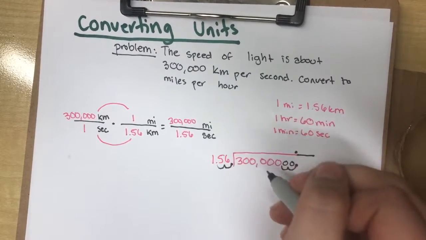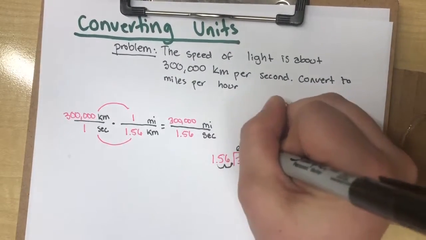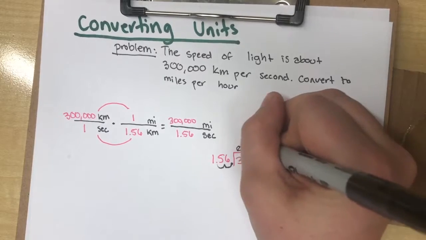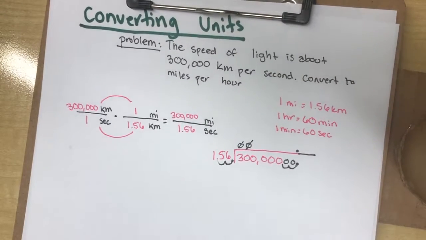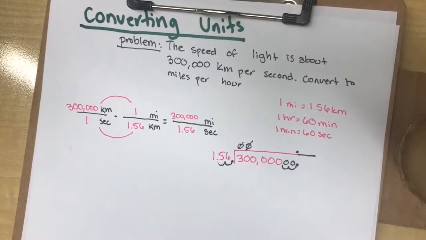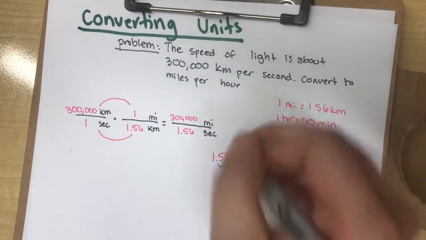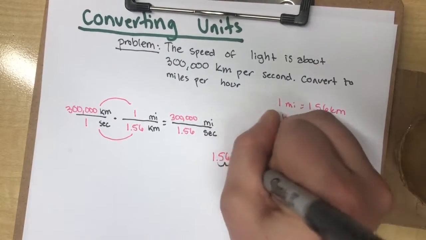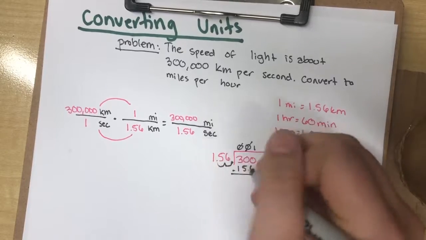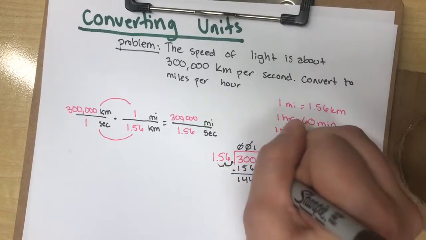So 156 goes into 3 0 times, and it goes into 30 0 times, and then it's going to go into 300 just once, and that's 156, which leaves me with a remainder of 144.